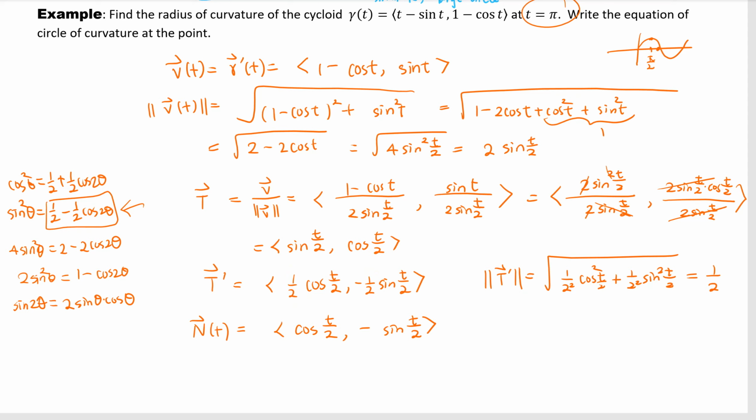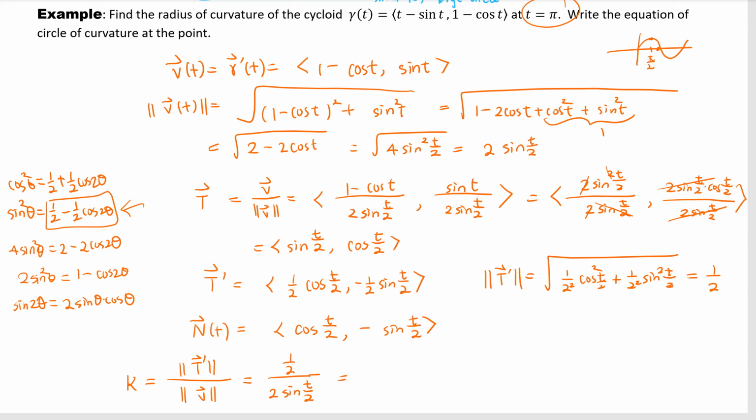And then we also need to find the curvature. So how do we find the curvature? Well, we can use the equation: the magnitude of T prime over the speed. So that is 1/2 over the speed. What is the speed? Speed is 2 sine t over 2.